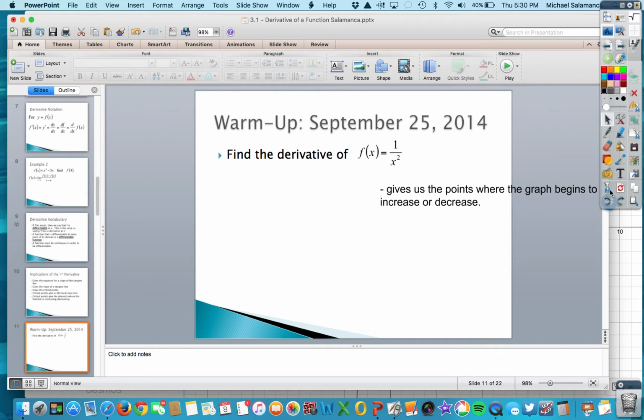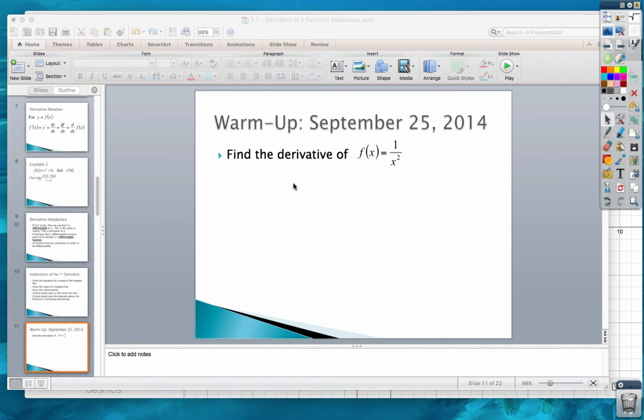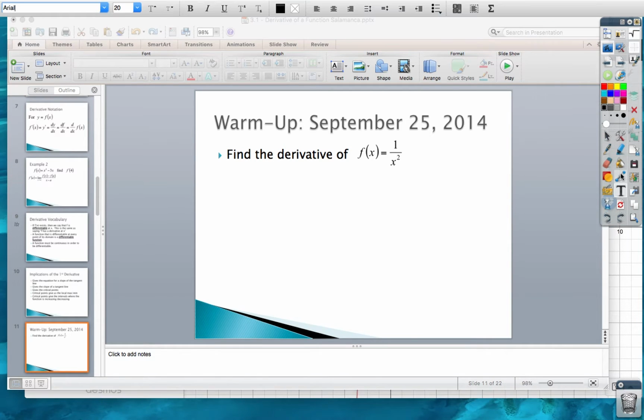So going back to a quick example, we're going to find the derivative of 1 divided by x squared. Again, this should be pretty similar. Whichever formula you use, we're going to use the limit as h approaches 0 for f of x plus h minus f of x, all divided by h. We're going to substitute the values in.